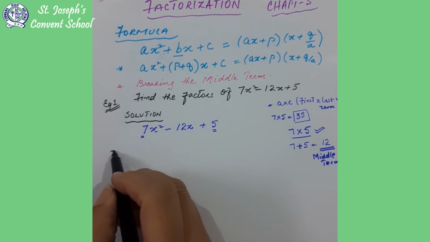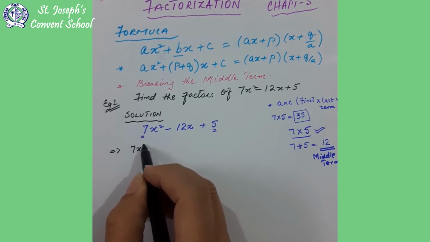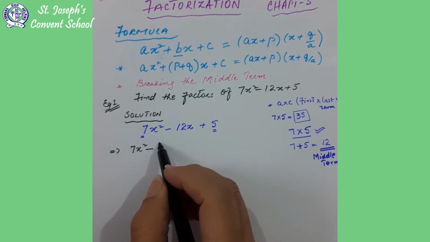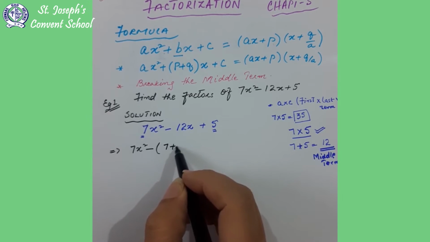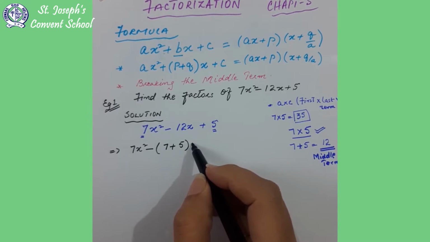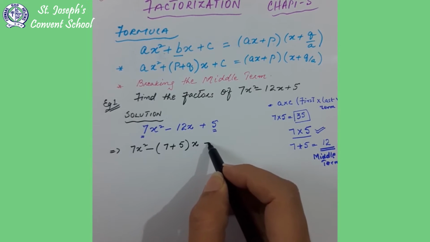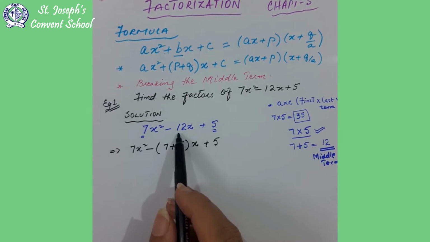So what we are going to do, first term you will write as it is, 7x square minus, now instead of 12 you will write the two factors, 7 plus 5, and this variable x outside the bracket, plus last term as it is. Okay, only you have to break the middle term.